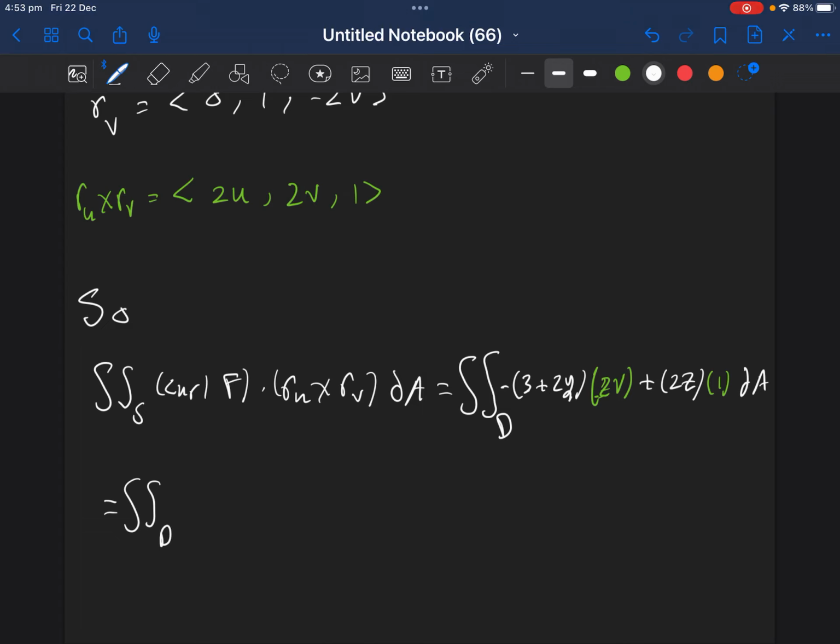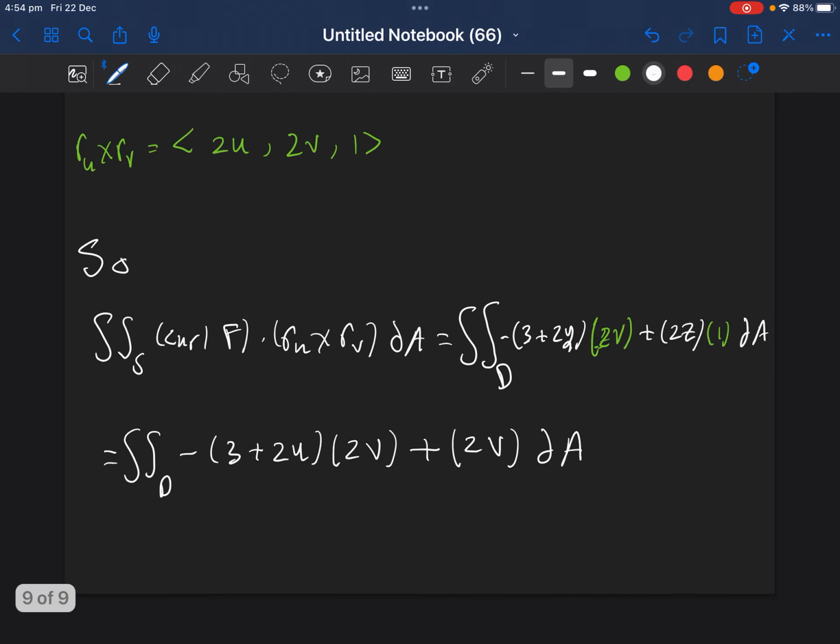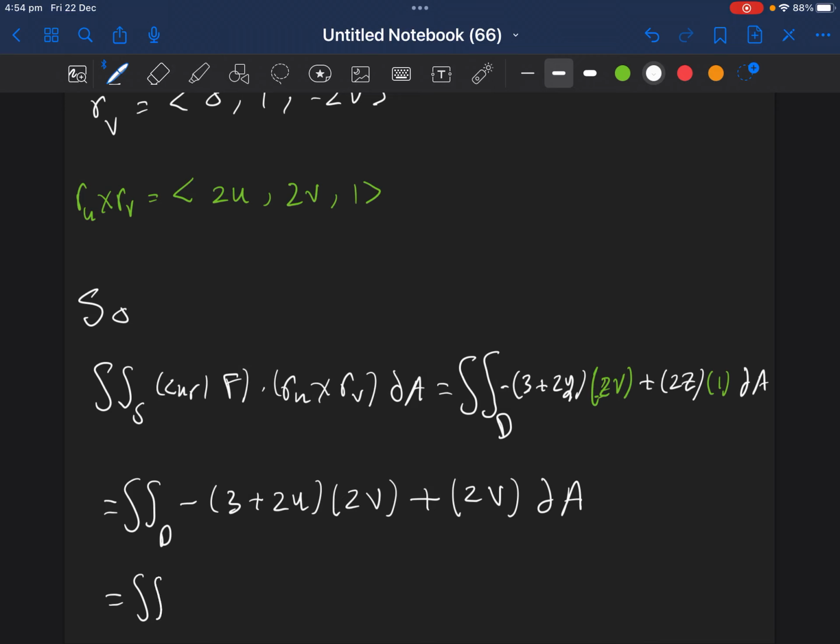Now, if we return everything back to u and v, this would be negative 3 plus 2u times 2v plus, now 2z will be just 2v dA, which is, if we just simplify it here, negative 6v plus 2v.